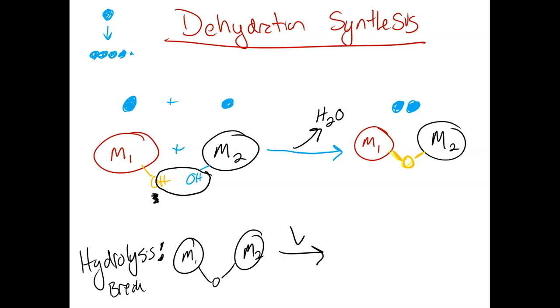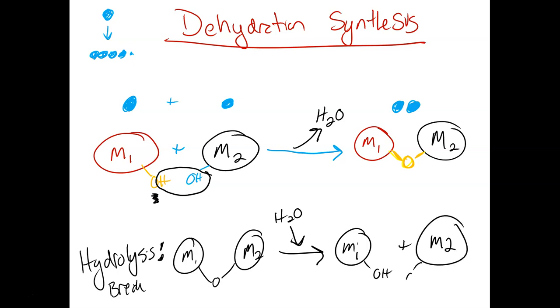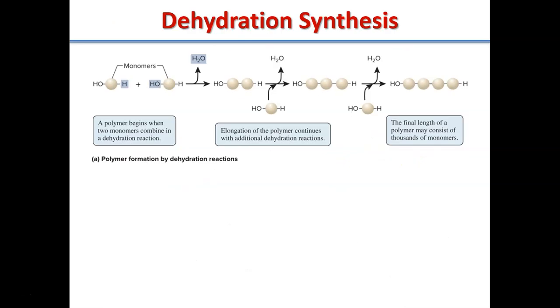In this case, we're adding water, H2O, adding it to break it up. That's going to give us M1 OH plus M2 OH. It is the opposite of one another. So these are going to be the opposites of one another. Please make sure you review dehydration synthesis and hydrolysis so you're very familiar with these concepts.